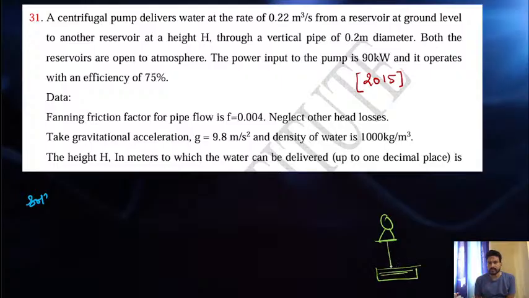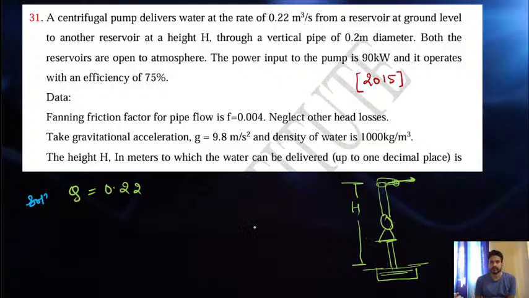This is the pipe at the suction point, and this is my delivery pipe, right? What is the discharge here? Q is equal to 0.22. And this vertical height is capital H.